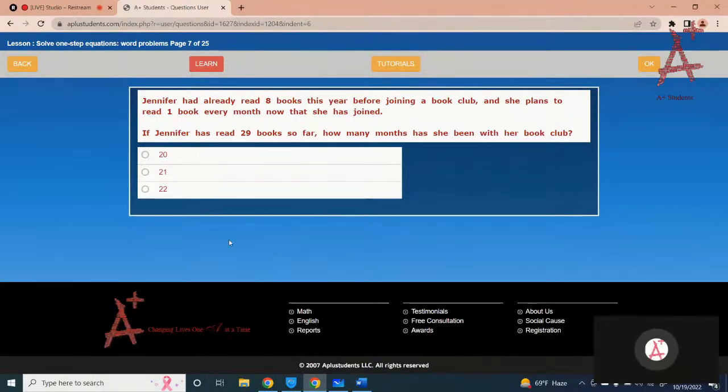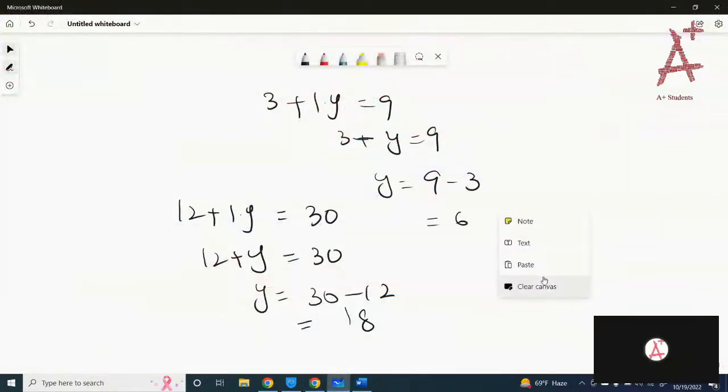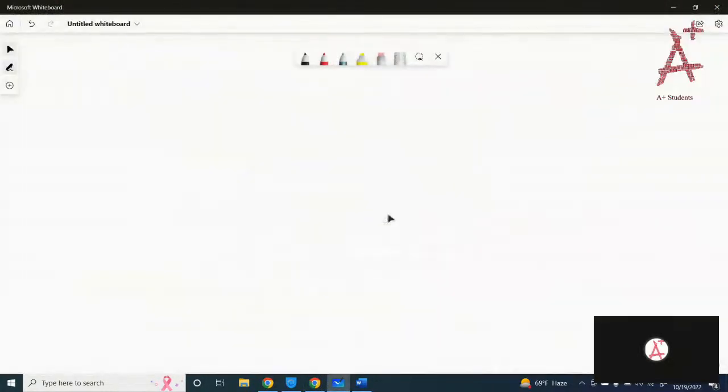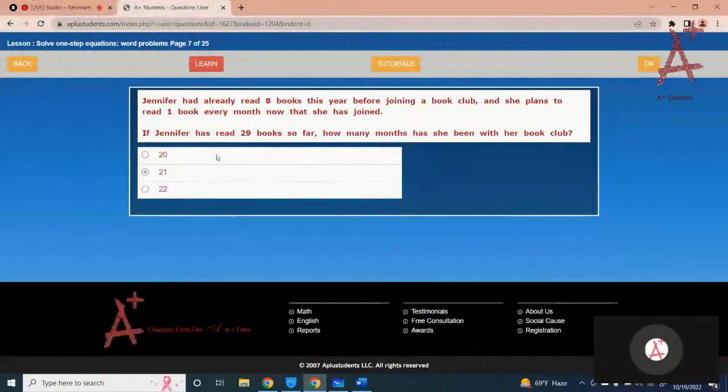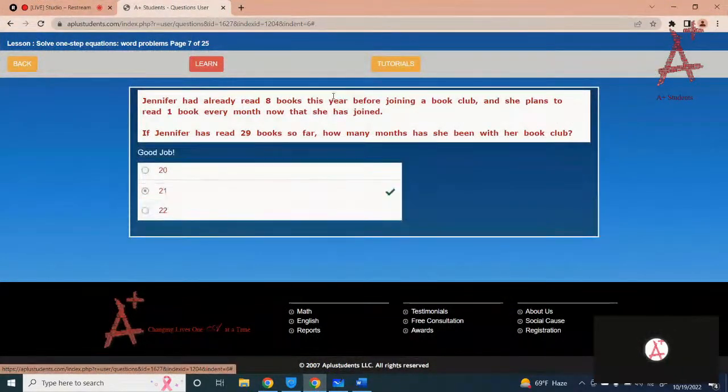So you need to do 8 plus 1 times y equals 29. So 1 times y is y. You need to shift that 8 to the other side. So 29 minus 8 is 21. Got it? So the value of y is 21. Select the correct option and click on the OK button.